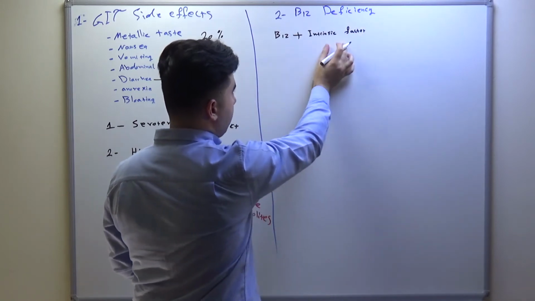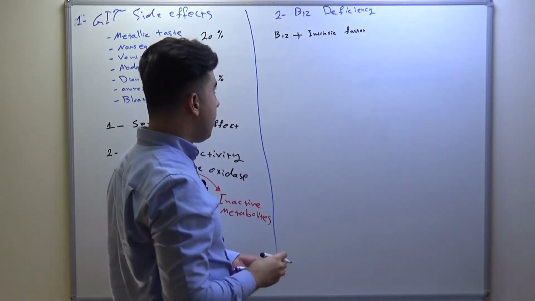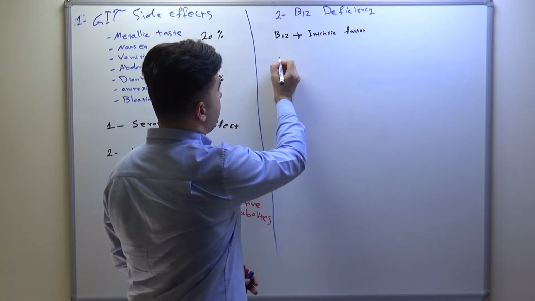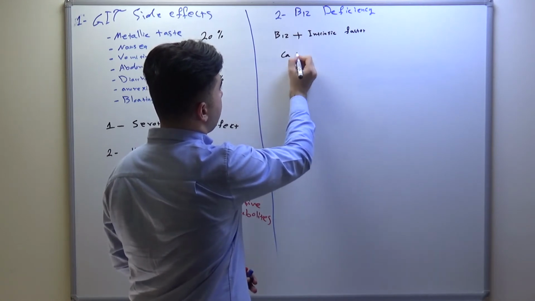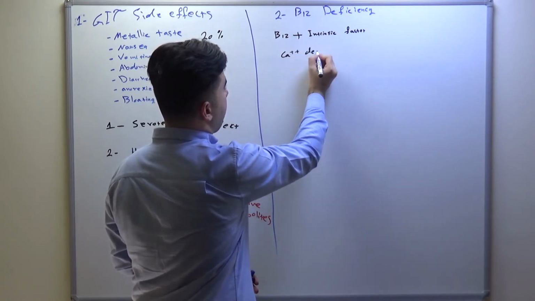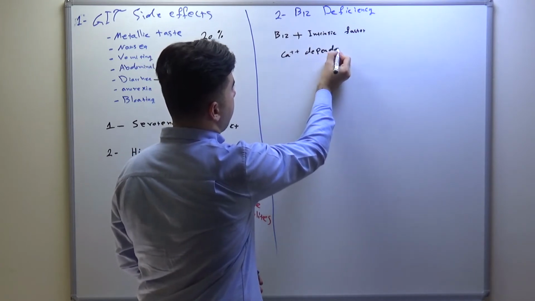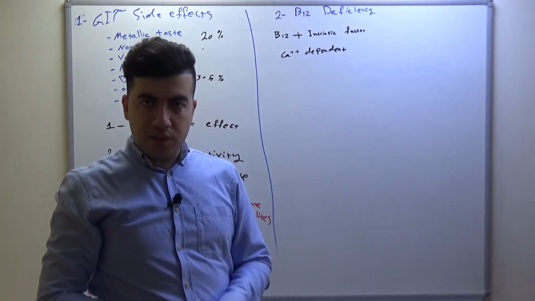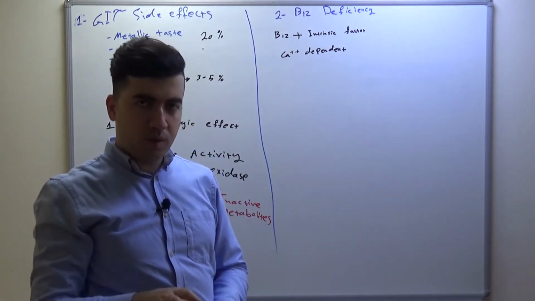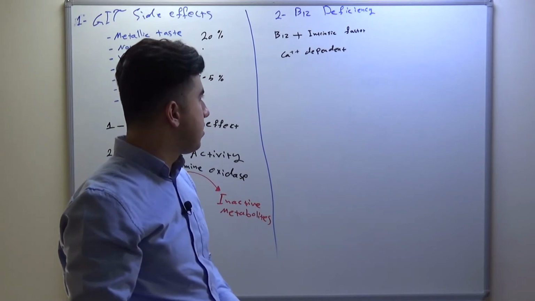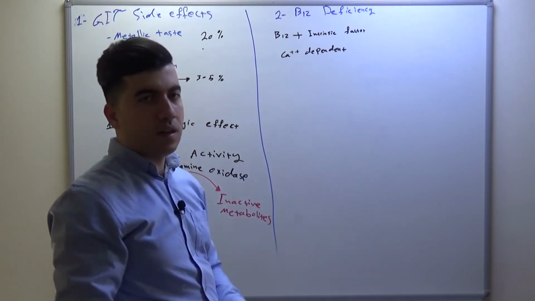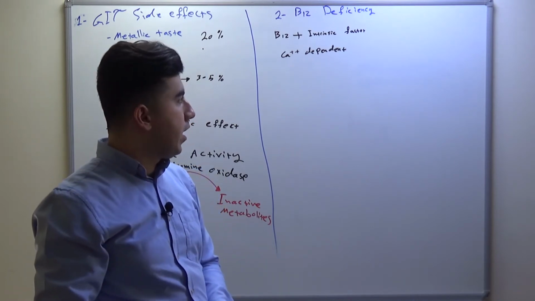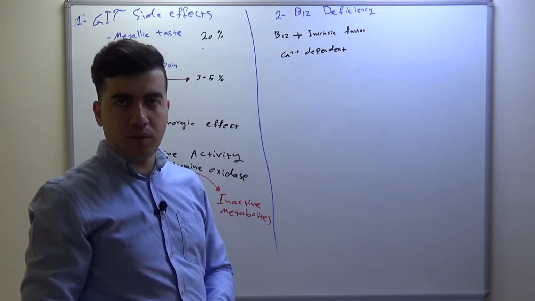B12 plus intrinsic factor form a complex, and this complex is then absorbed in the terminal ileum by a calcium dependent mechanism. The B12 and the intrinsic factor, depending on the calcium present, are absorbed by endocytosis.